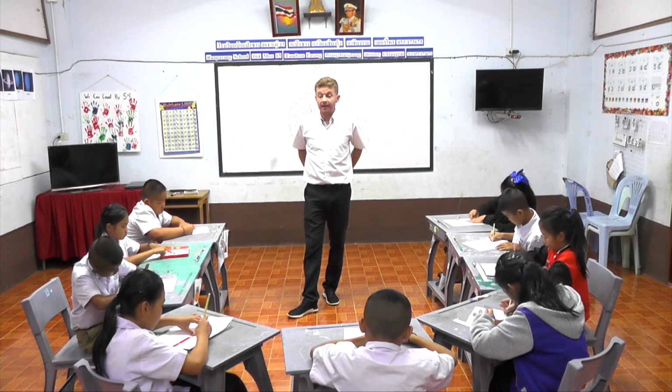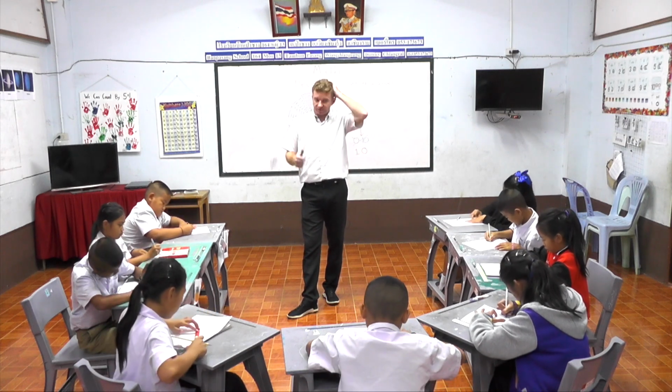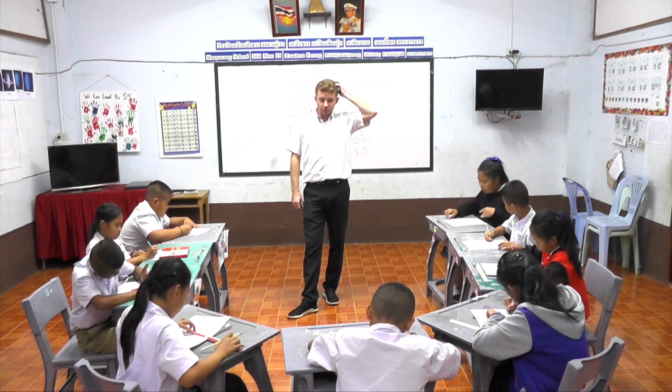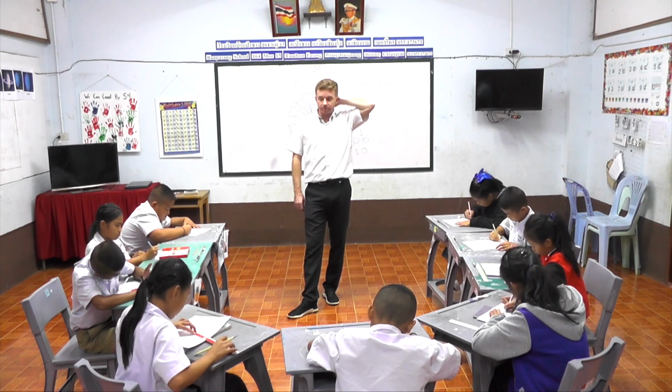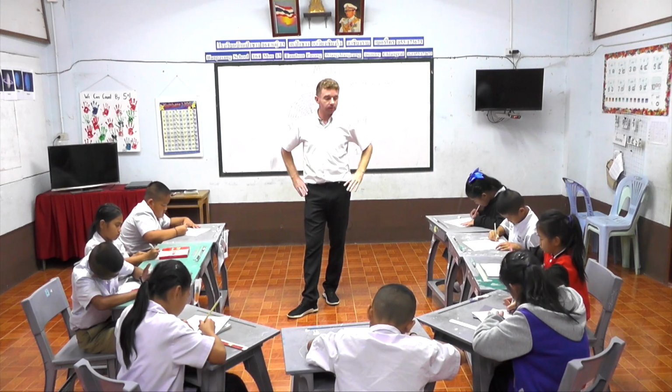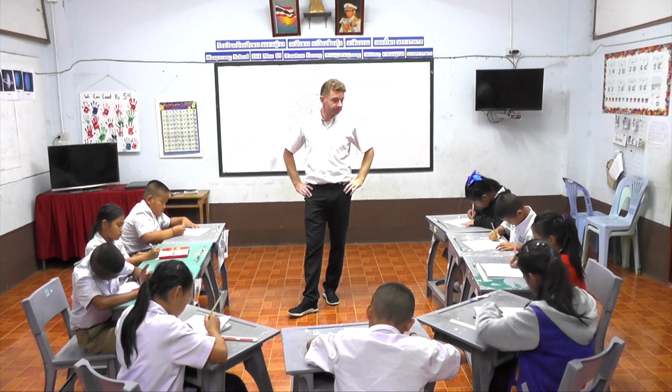And if you need any help, guys, let me know. But I think you understand very well already. Judging by the PowerPoint and the board exercise, you understand about decimals.